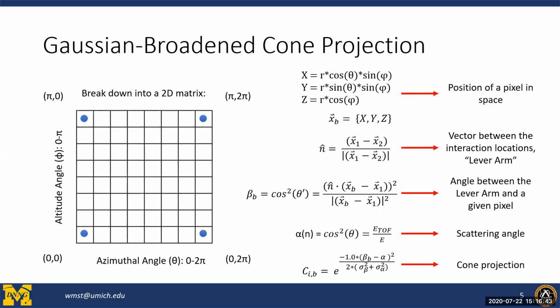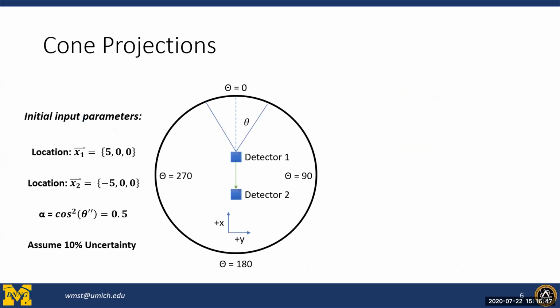So this all seems very complicated, but let's just break it down into a simple problem here, where we have some cone projection where we have detector 1 and detector 2, just like we saw, and we have their locations in space. So detector 1 is in the positive x space, detector 2 is in the negative x space, 5 units forward, negative 5 units back, and let's assume that we get an alpha cosine squared theta of 0.5.